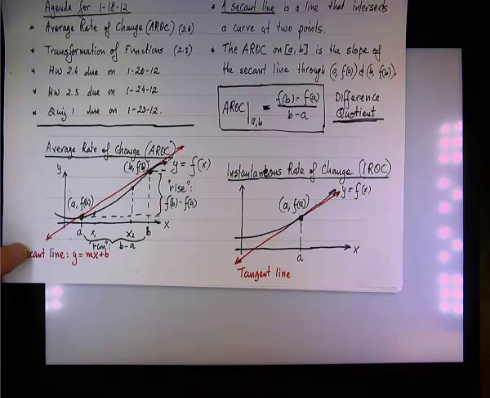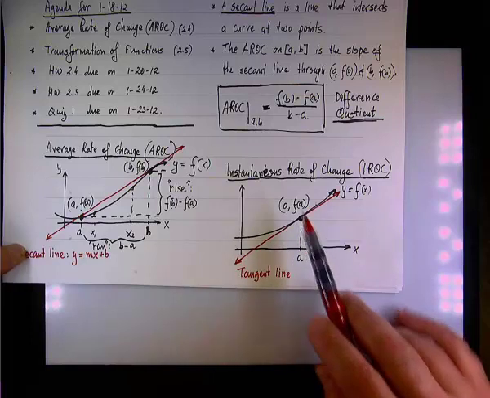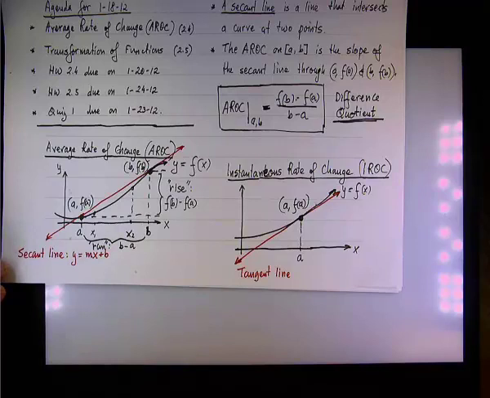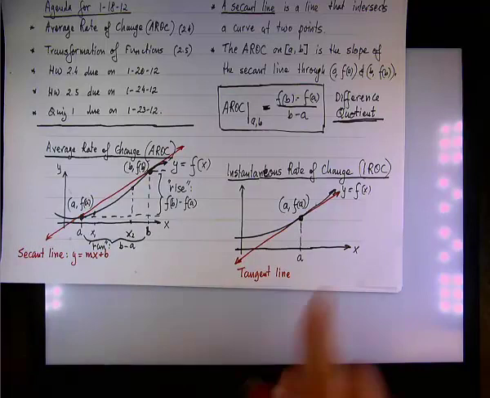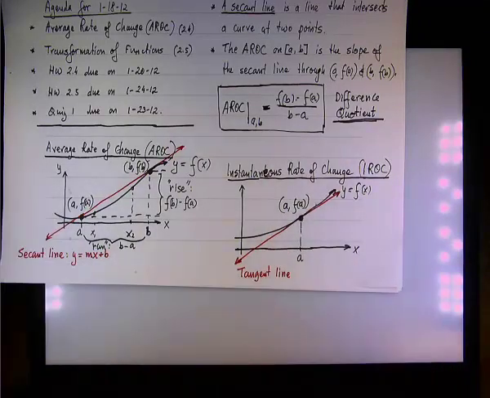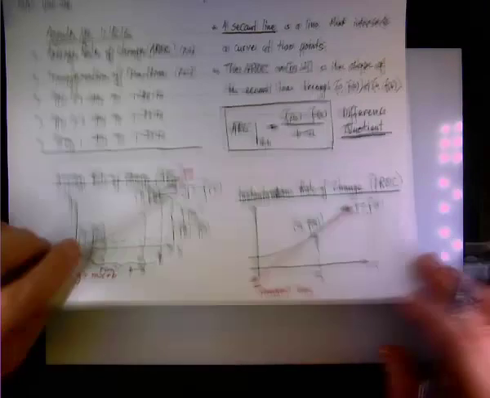The exact definition will be the line that touches a point and is perpendicular to the radius of the curvature. But that's next semester. For our intended purposes, the instantaneous rate of change is the slope of the tangent, and the tangent touches the curve at one point.